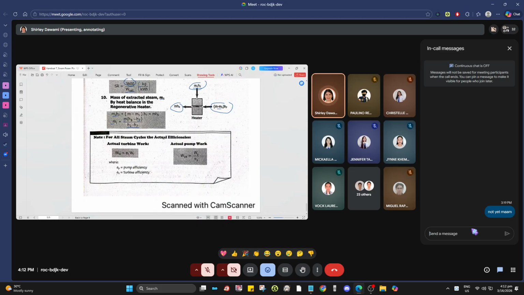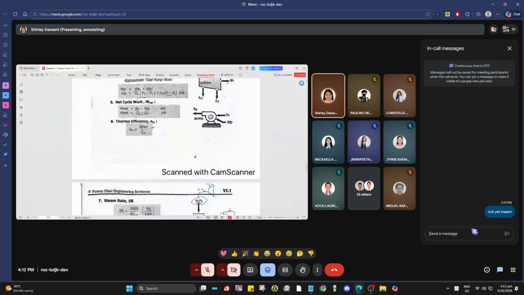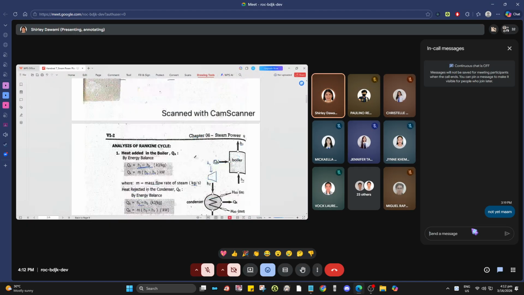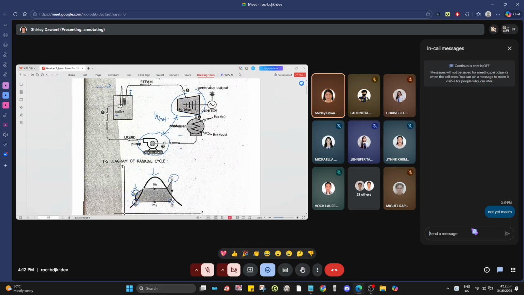For all steam cycles, for the actual turbine work, that is turbine efficiency times the turbine work. For the actual pump work, that is pump work divided by the pump efficiency.